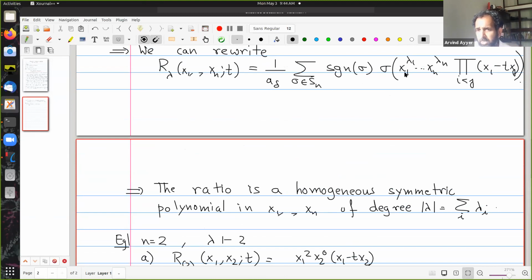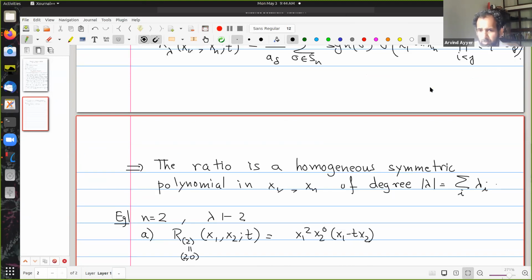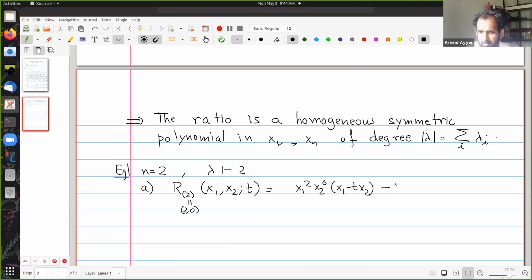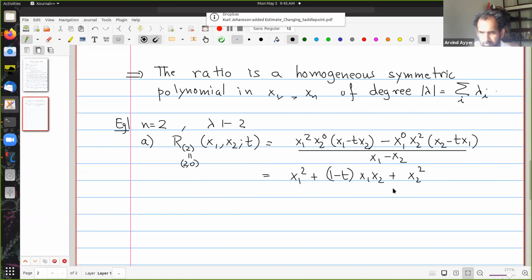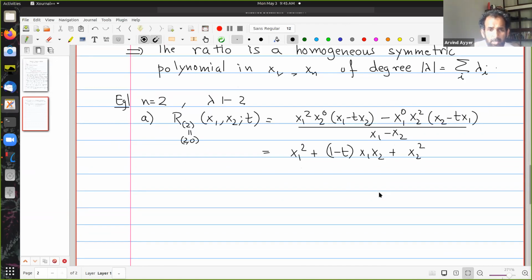So then I'll get x1 to the 0 x2 squared, and then x2 minus t x1, and this comes with a minus, and of course this is divided by delta, which is x1 minus x2. If you do the computation, I'll leave it for you, you'll get x1 squared plus 1 minus t x1 x2 plus x2 squared. Okay, and let me do the other partition also.